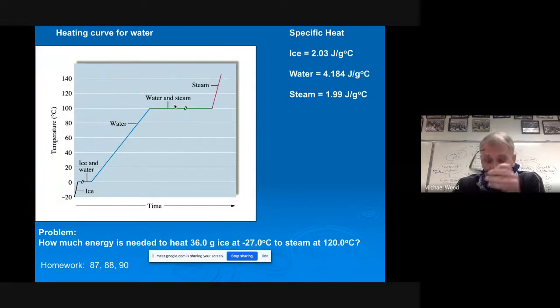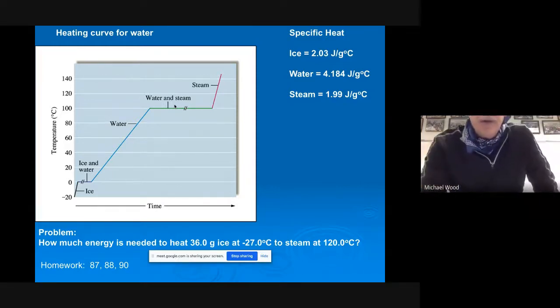Another thing you've got to be given, which wasn't given here, is the heat of fusion and the heat of vaporization, usually for water, but in whatever problem. I gave you the specific heat for ice, water, and steam, but you would need the heat of fusion and the heat of vaporization. And you'll see that as I do this problem.